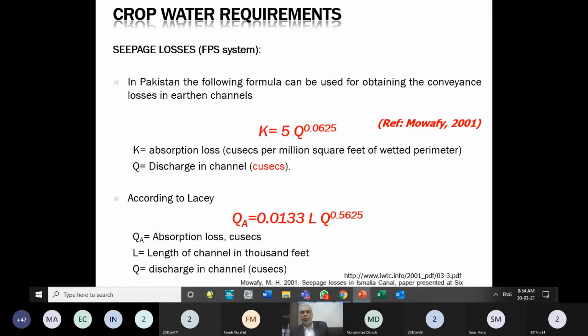For example, you want to calculate loss in a mile length of canal. This mile length of the canal is multiplied by the wetted perimeter. One mile is about 5,000 feet, or 5280 feet. So that length in feet multiplied by the wetted perimeter will be the area of seepage through the wetted perimeter.